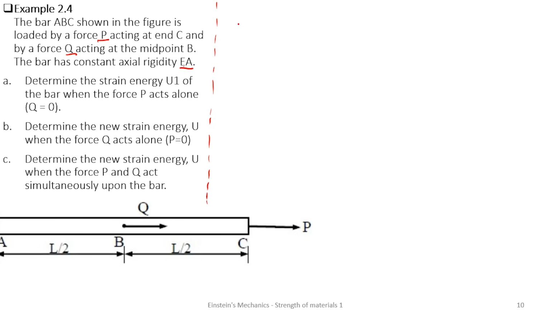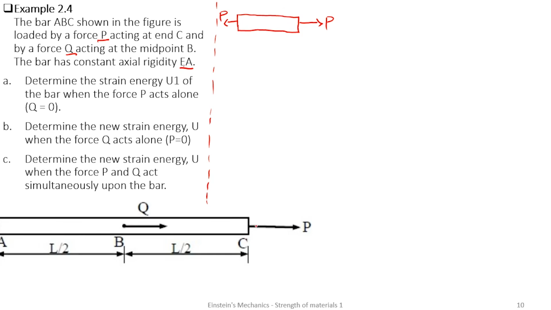So now I can draw my free body diagram for this bar and I can see it in this way. Because the question is saying Q is 0, I neglect Q, and this is the P. It is going to have a reaction P over there. Are we good? Okay. We have a reaction P. And as P is acting, whatever P is causing in this bar will act through the total bar.